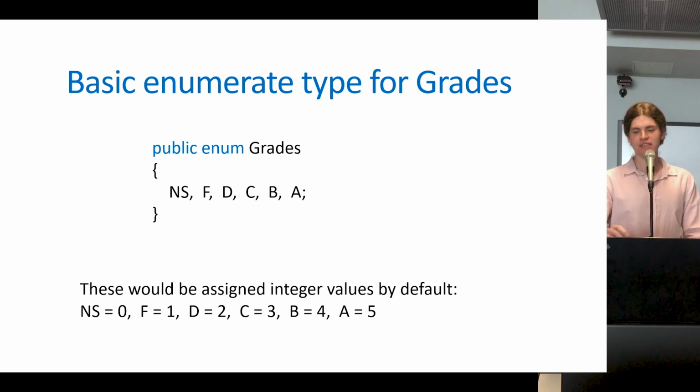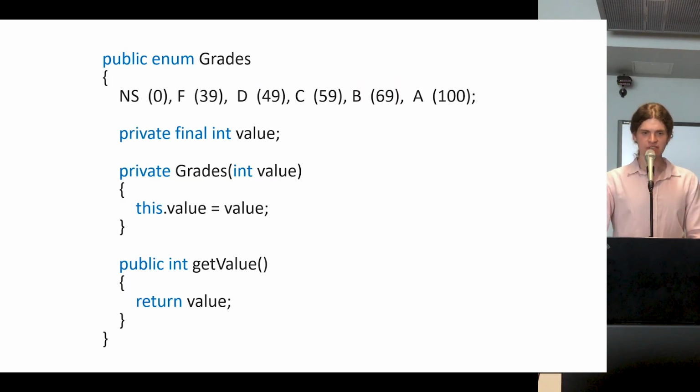Okay, let's have a look at an extended version of this, where we can assign different values, more meaningful values for these letter grades, which you notice here are the upper bounds for them. Okay, but to do this, we have to change the implementation of the enumeration here, because you notice that we have got a constructor as well as a variable or an attribute of this enumerate type, which is looking now very similar to a class, isn't it?